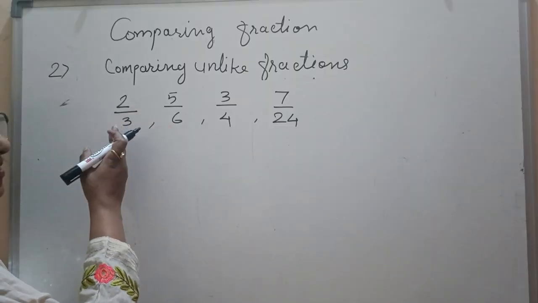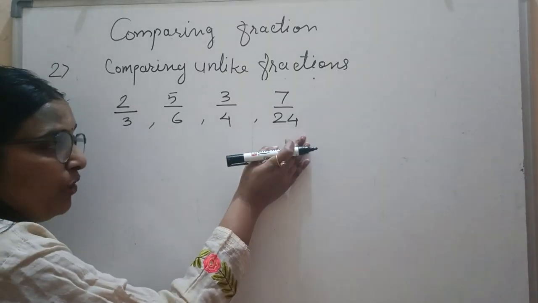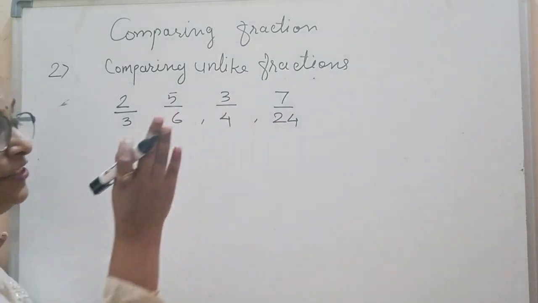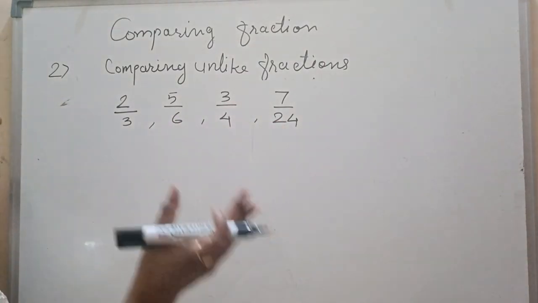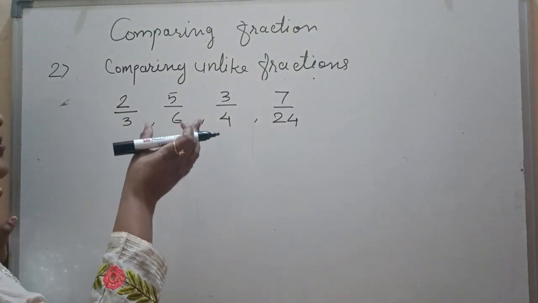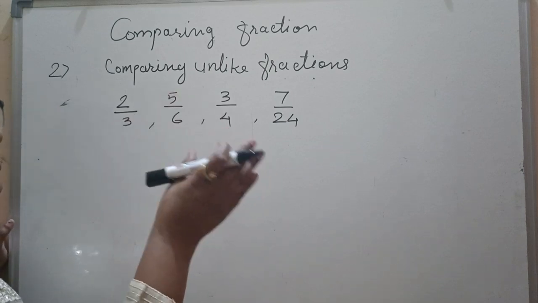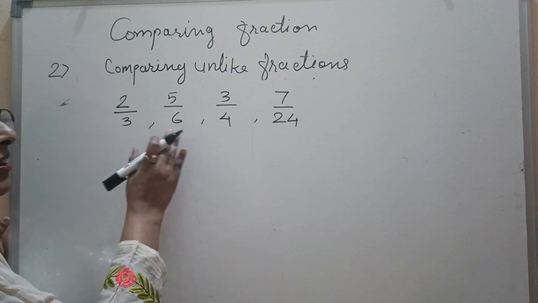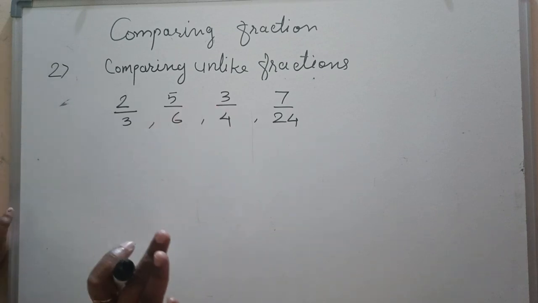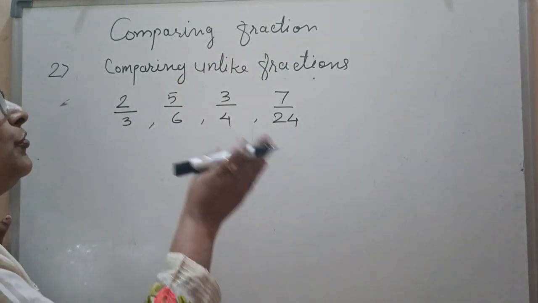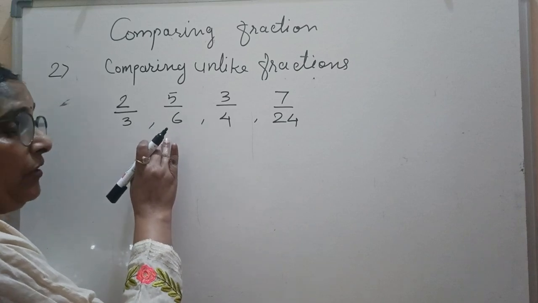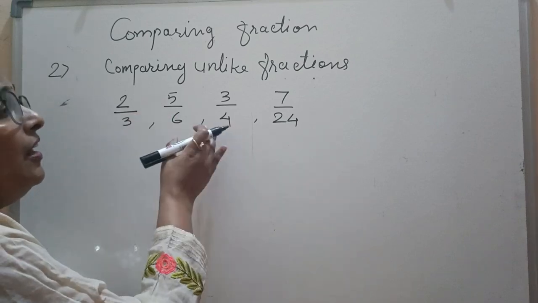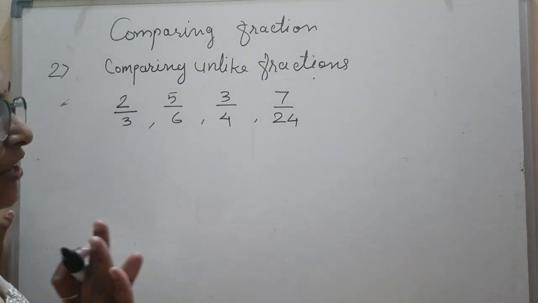Next sum. These fractions you have to arrange in ascending and descending orders. For that you cannot use the first method, cross multiplication, because more than 2 fractions are given. So we will use the second method, changing unlike fractions into like fractions.